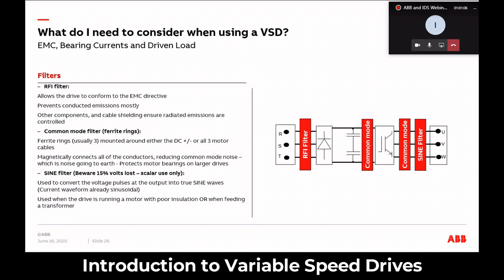That's only from the voltage perspective, because the current waveform is already sinusoidal. But one thing to mention when using a sine filter is that there is a substantial volt drop, anywhere in the region of about 10 to 15%, so you have to consider that when using a sine filter on the system.